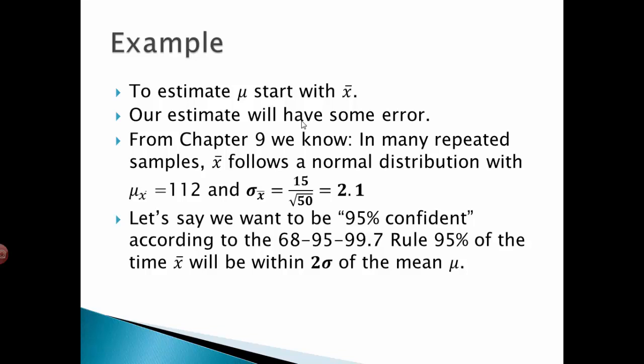And let's just make the assumption that we want to be 95% confident in our statement about the mean of the population. So when we're done, we want to be able to say with 95% confidence where the mean would have to lie. Okay?